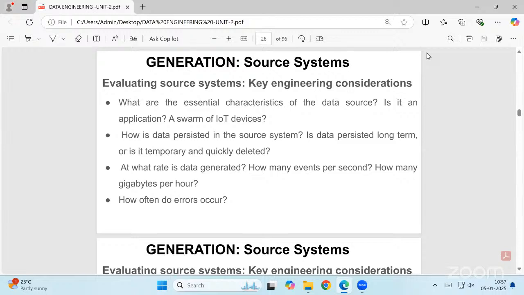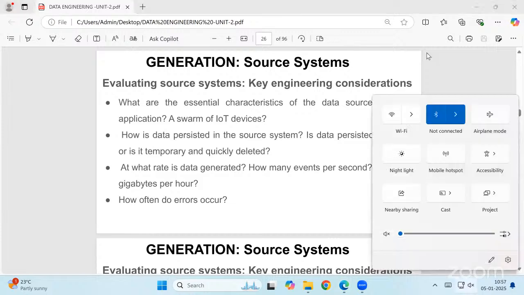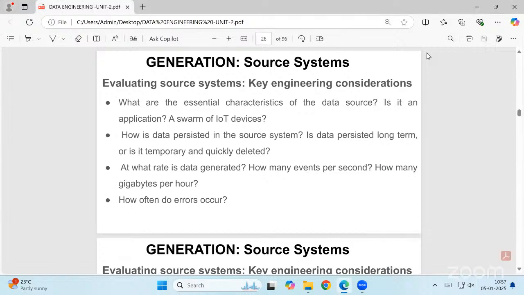So for every phase, there are some key considerations we need to address. Serving data, all these things.